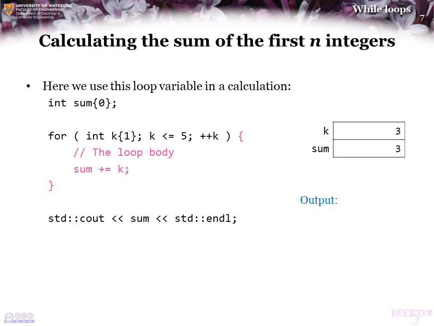3 is less than or equal to 5. We execute the loop body, which adds the value of k onto sum, increment the value of k, test the statement, it's true, execute the loop body, which now increases the value of sum to 10, increment k, the condition is true again, we execute the loop body, that increases the sum to 15, and we increment k, and once again the looping statement or the condition evaluates to false, and therefore we are finished the for loop.